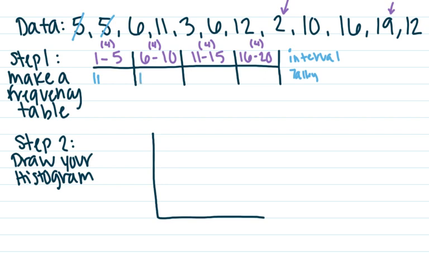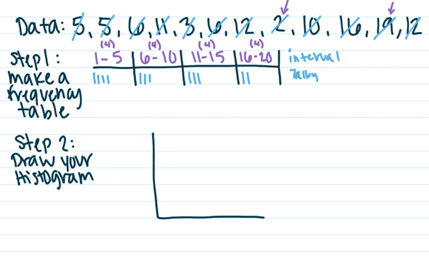This guy's a 6, so he goes in the next interval. The next one's an 11, so that goes in the next interval. 3 goes in that first interval. 6 goes in the second interval. 12 goes in the third interval. 2 goes in the first interval. 10 goes in the second. 16 goes in the last one. 19 goes in the last one. And then 12 goes in that third interval.